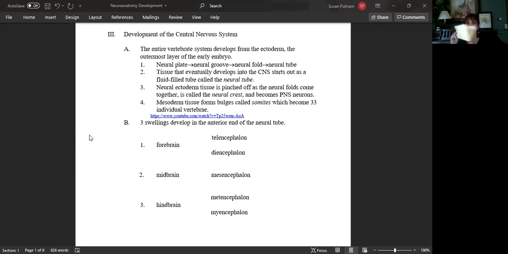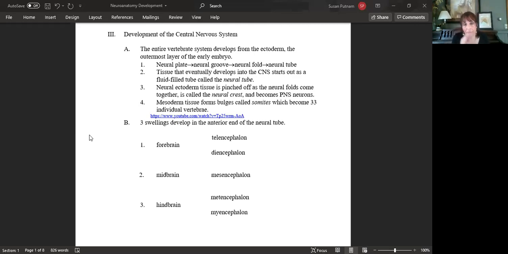So you have this fold now, the neural fold, that came from the neural groove that started as a neural plate. Now it actually goes all the way around, seals itself up, and becomes the neural tube.